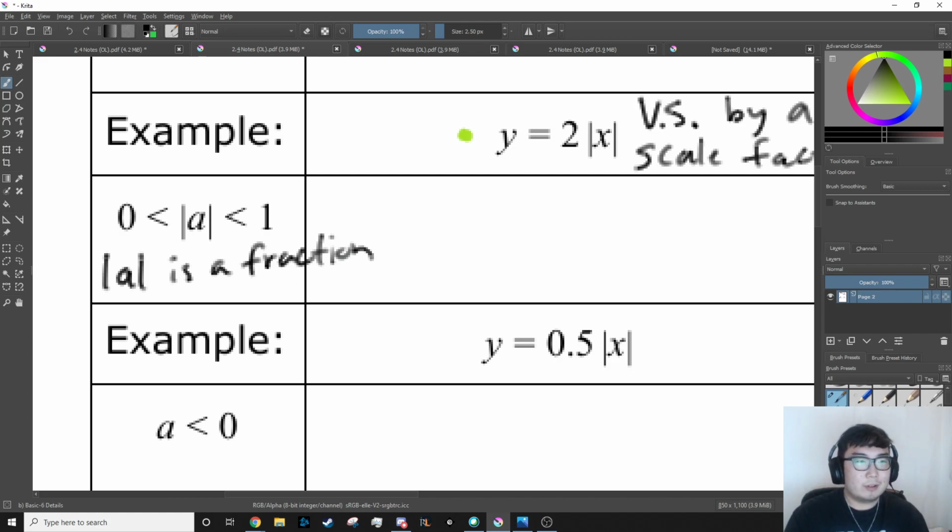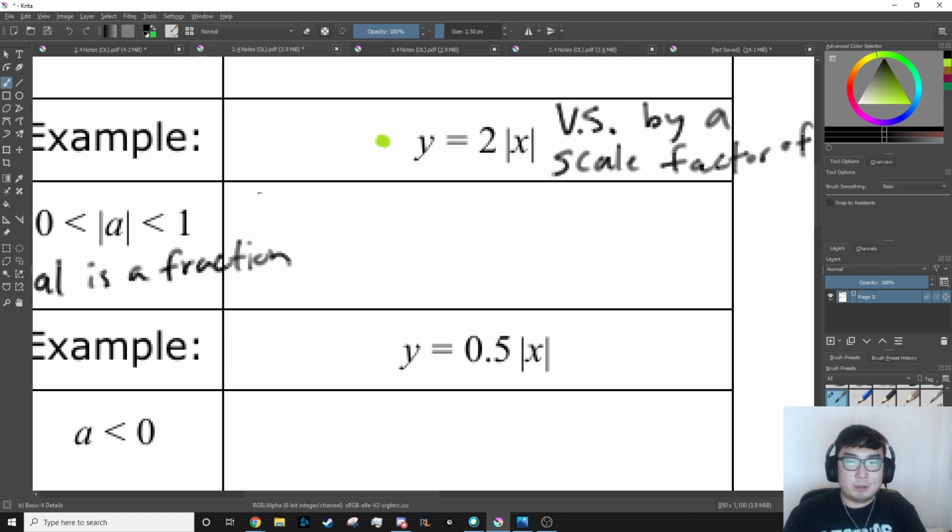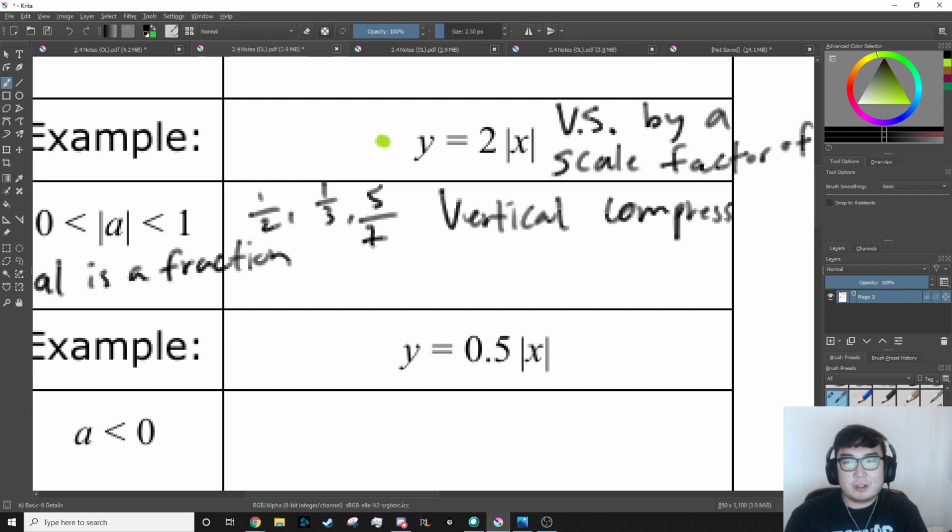It's smaller than 1 but greater than 0, as in, for example, 1/2, 1/3, 5/7. It doesn't matter. As long as this number is less than 1 but not negative, as in it is a fraction of a whole, it's considered a vertical compression.